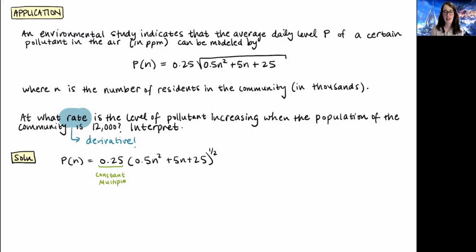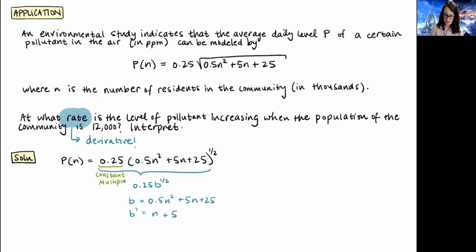It's a function of n raised to a power. So if we look at the general structure, it is 0.25 b to the 1/2 power, where b is 0.5n squared plus 5n plus 25, and b prime, the derivative of that, will be 1n plus 5.